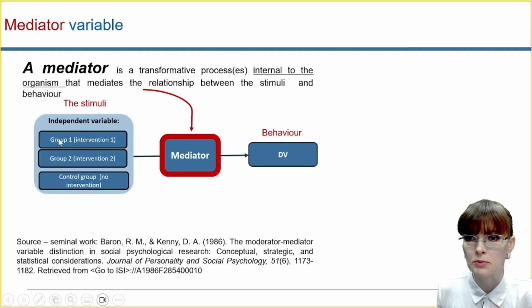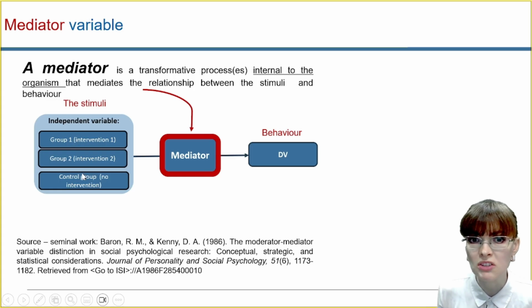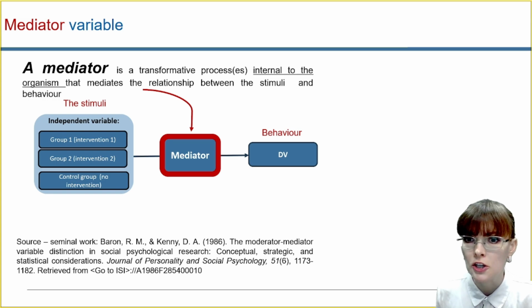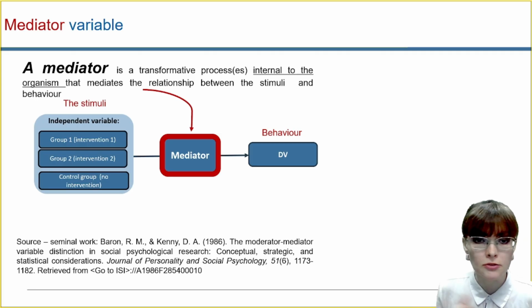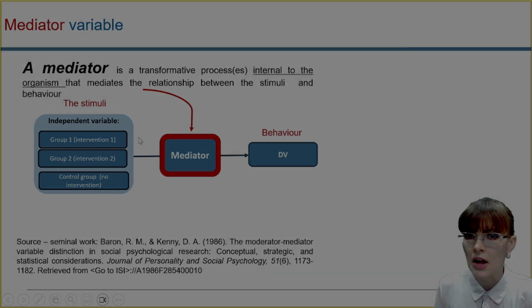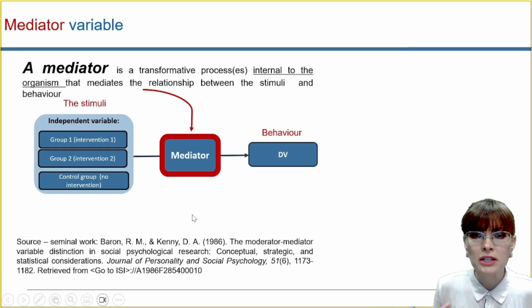And if you are trying to understand what mediator is about, it could represent the underlying thought process. Now, you expose group 1 to advertisement 1, you expose group 2 to advertisement 2. If we actually take a marketing example, your control group doesn't see any advertisement. The mediator in this case would capture information processing, how much, for example, they like the advertisement. Another example could be brand personality.